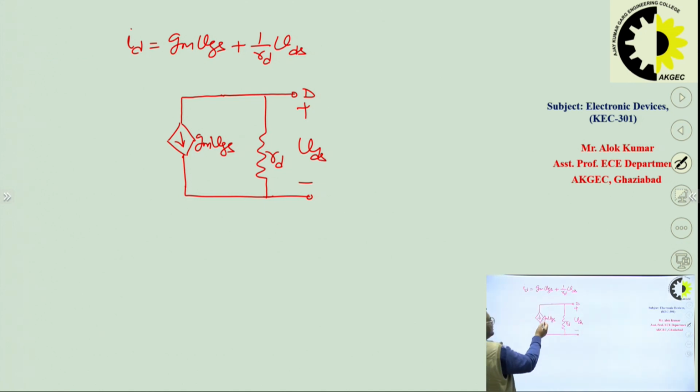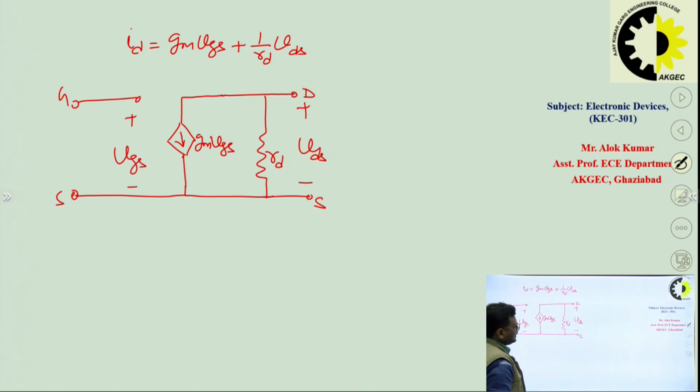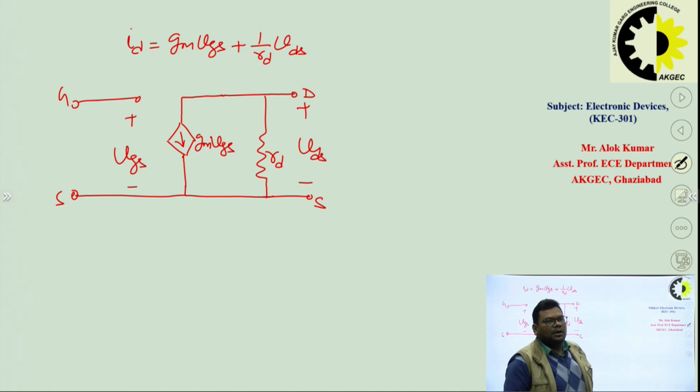As this current source depends on the VGS value, we take the gate terminal here and the source terminal here, so the voltage between these terminals is VGS. So this will be the equivalent circuit, or we can say a small signal model of the MOSFET.